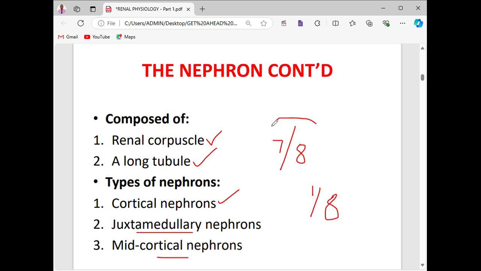So we have more of the cortical nephrons compared to the juxtamedullary nephrons.